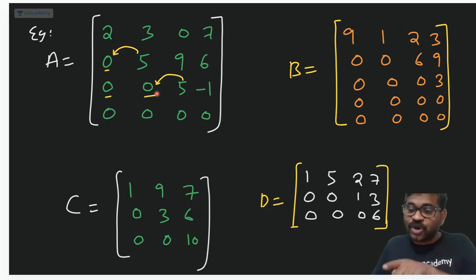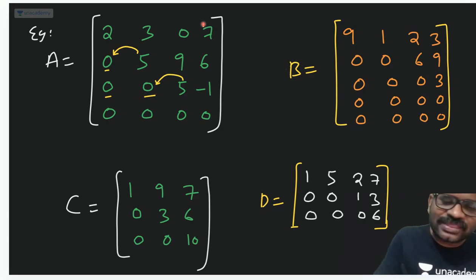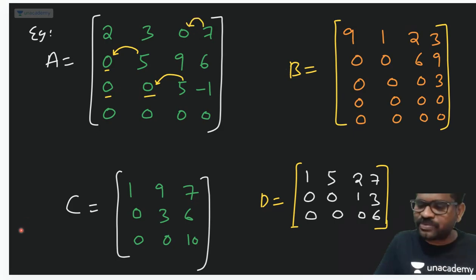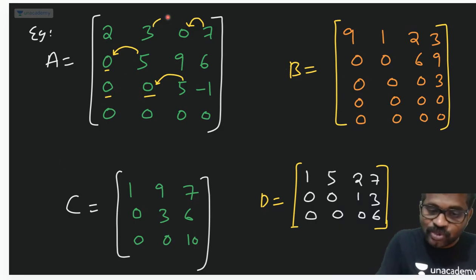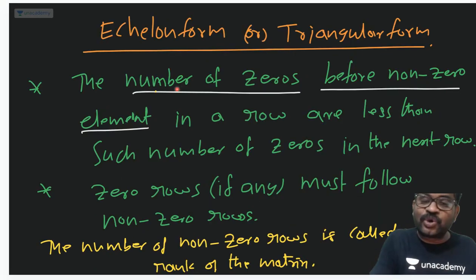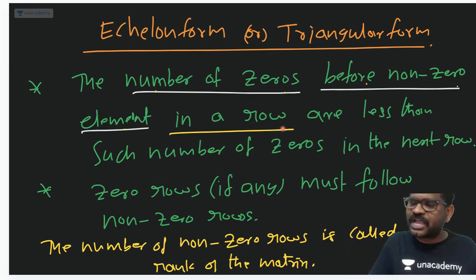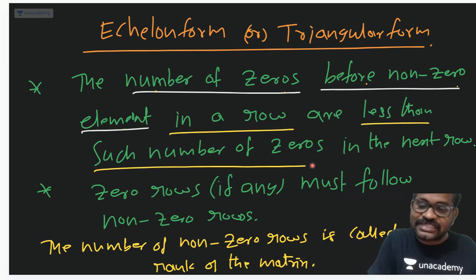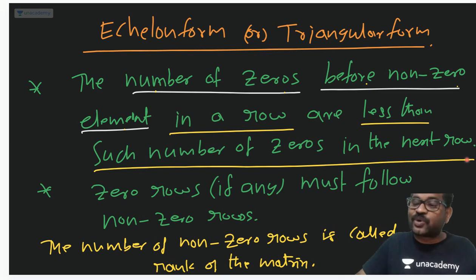You have to count such type of zeros, not this type of zero. Not only before non-zero element, but also after non-zero element, don't count such type of zeros. Always you have to count number of zeros before non-zero element in a row are less than such number of zeros in the next row.